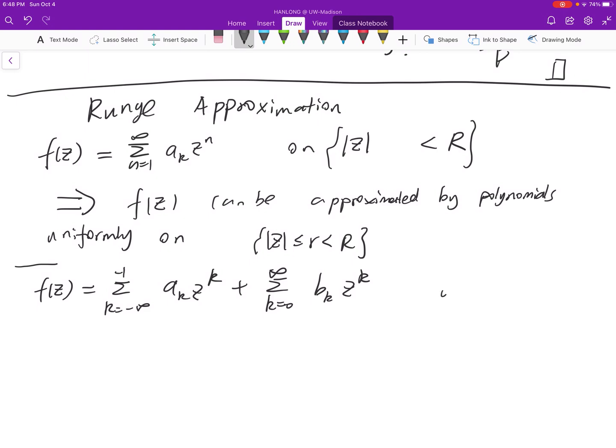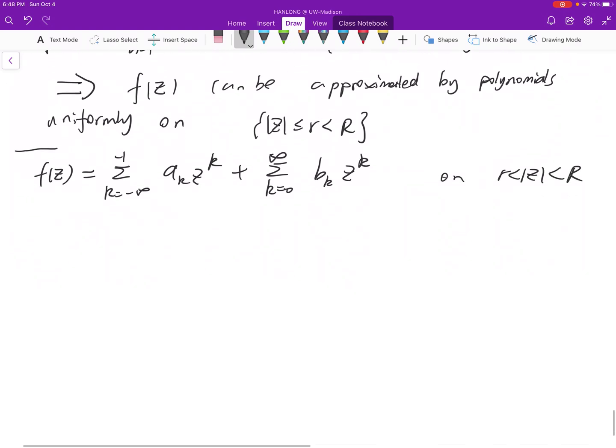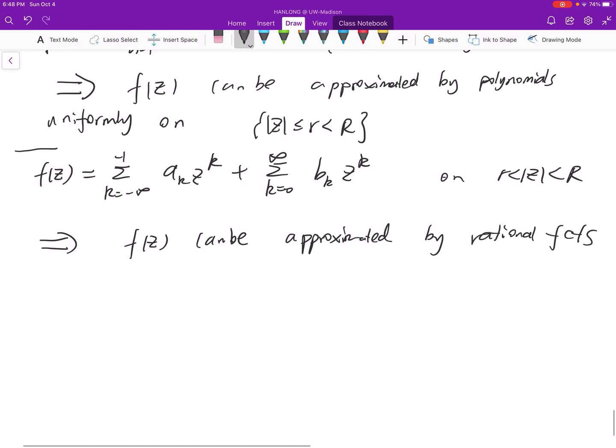Suppose this is convergent on the annulus, then we know that f can be approximated by rational functions uniformly on compact subsets of the annulus.